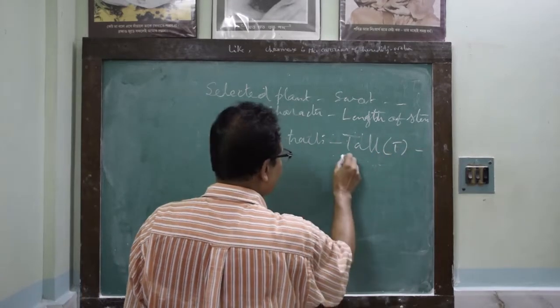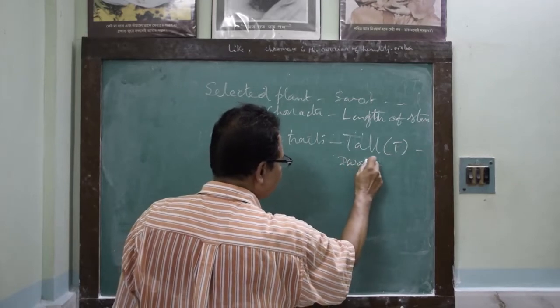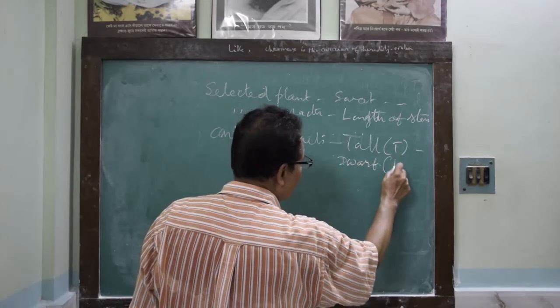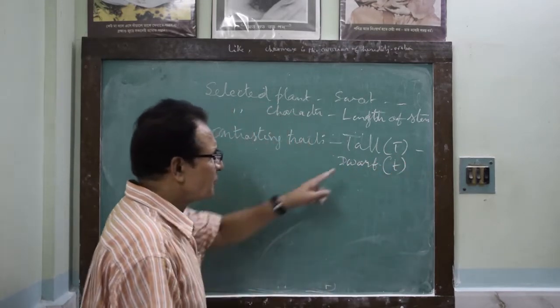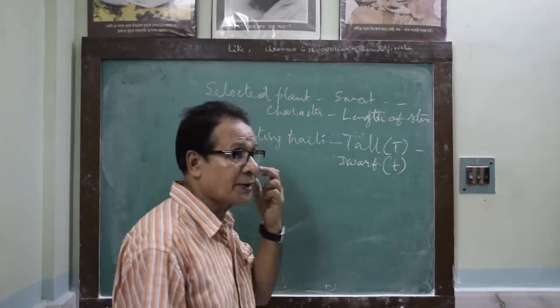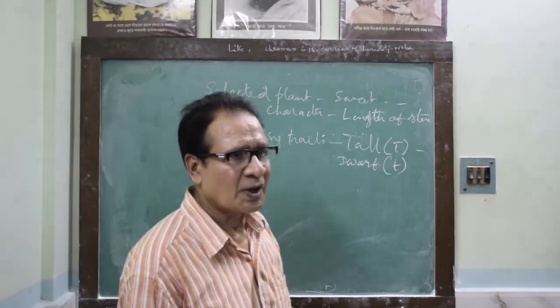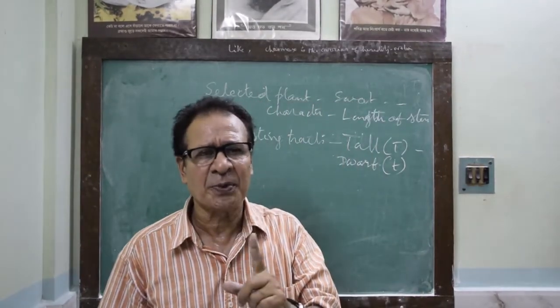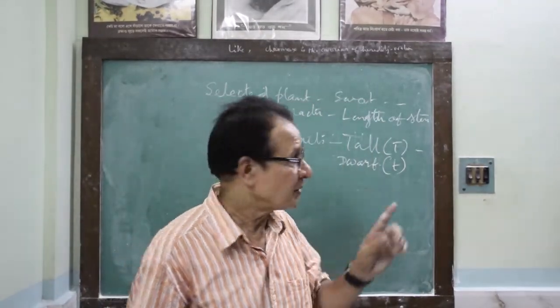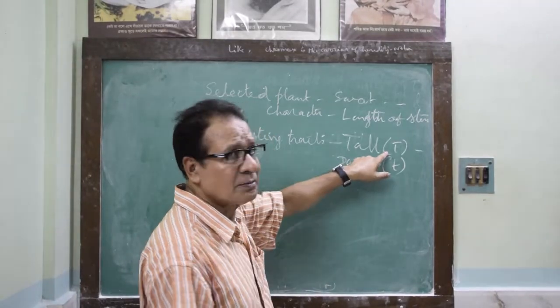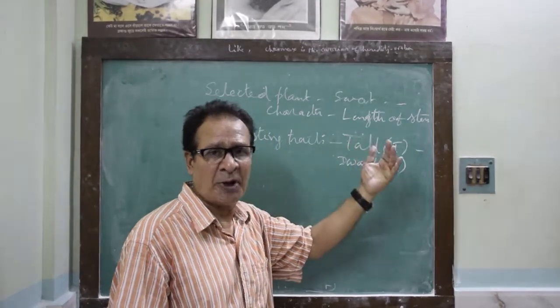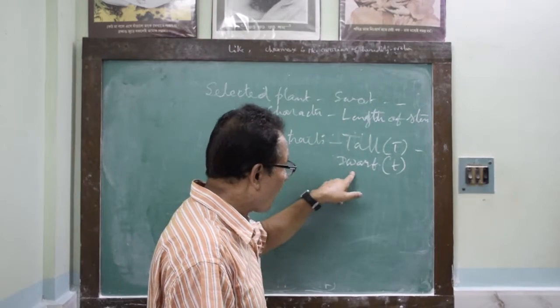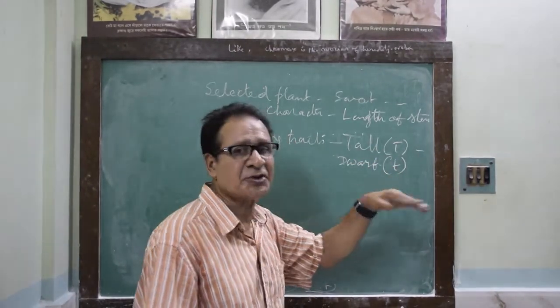Tall is the dominant and dwarf is the recessive. Generally the first letter of tall is taken as a capital letter since it is dominant, and for dwarf its small letter is taken.